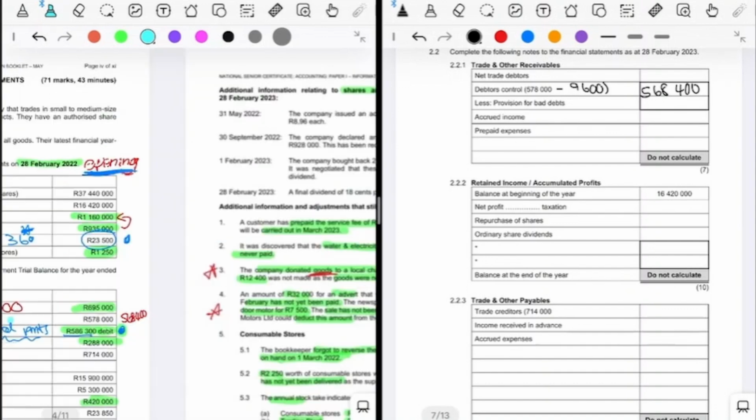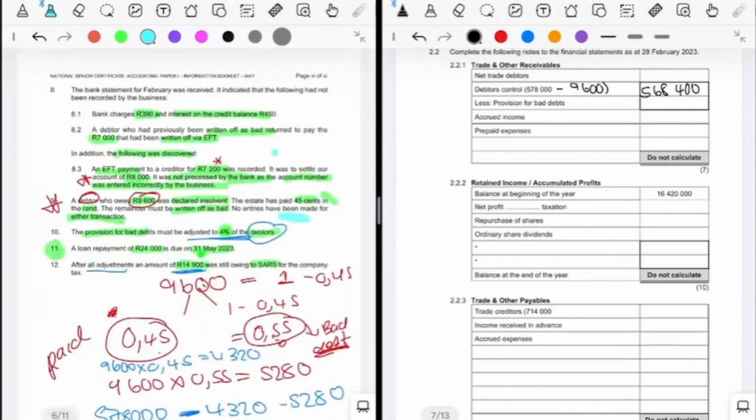We were told to adjust provision for bad debts to 4% of debtors, meaning it's 4% of this amount. So that will be 568,400 times 4%, and that will give us our provision for bad debts, an amount of 22,736.